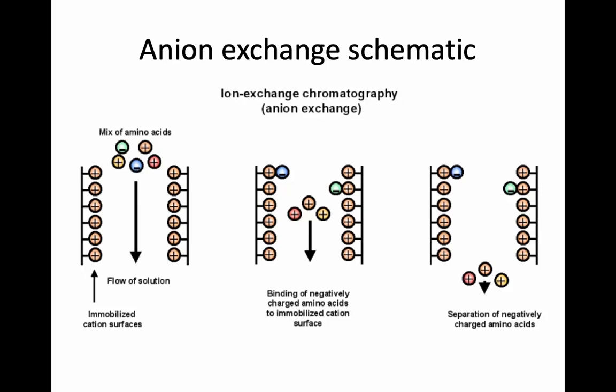Just to give you another example of the same process, very schematic: if I have a column whose beads on the walls are positively charged, and I put in a mix of amino acids, some positively and some negatively charged, the negatively charged will be bound to the positively charged walls, while the positively charged amino acids are going to flow through.